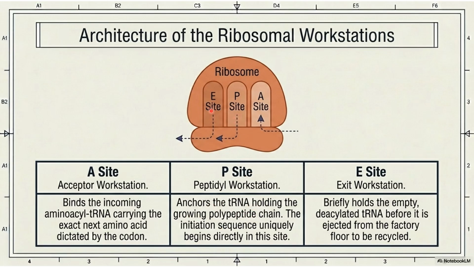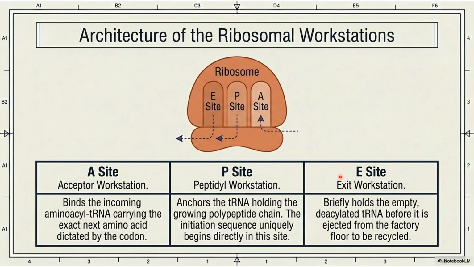And what happens in the exit site? Once the acceptor site accepts the new amino acid, it will be held by the peptidyl workstation, and the amino acid will be transferred to the newly forming protein chain. So the peptide bond formation takes place, and this tRNA will become free and move to the exit site, and from there it will be sent out for recycling.